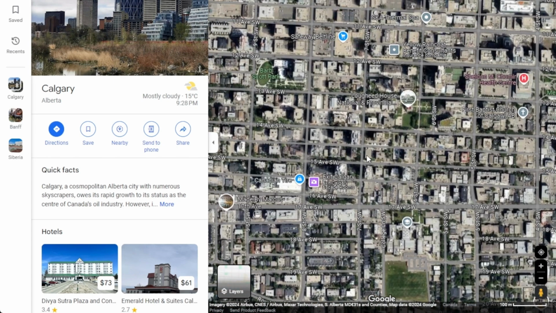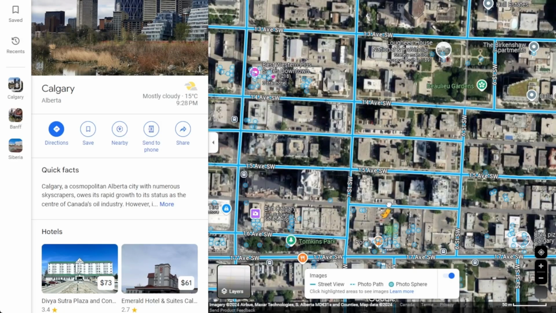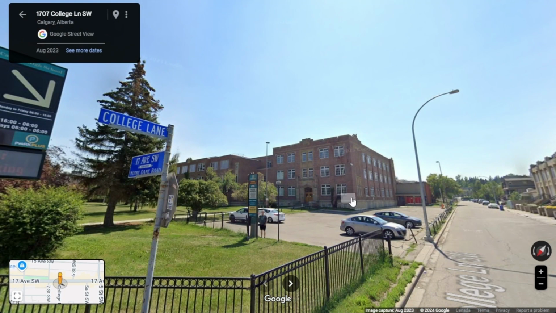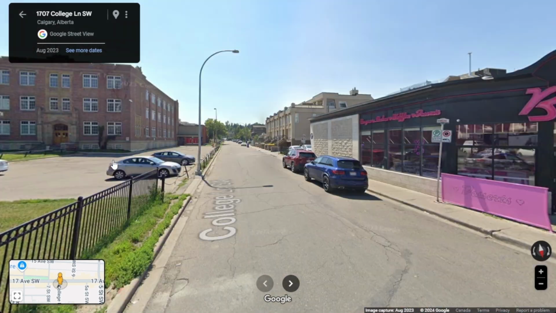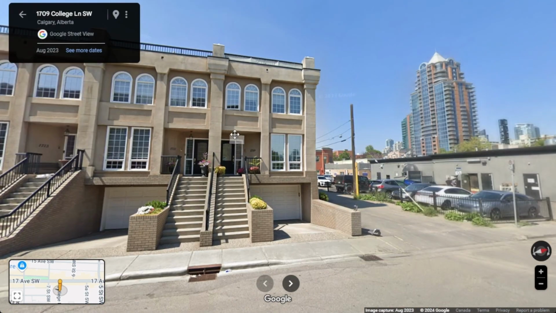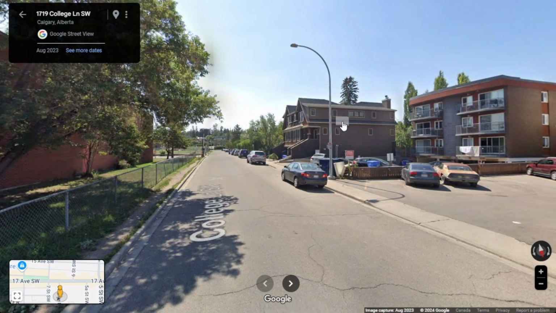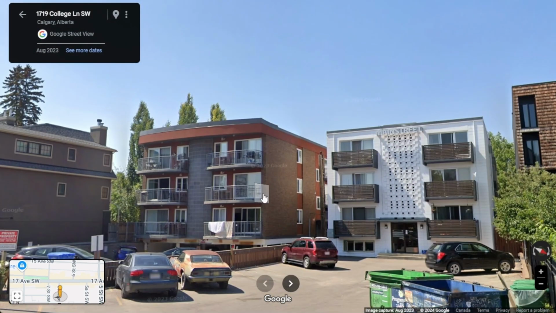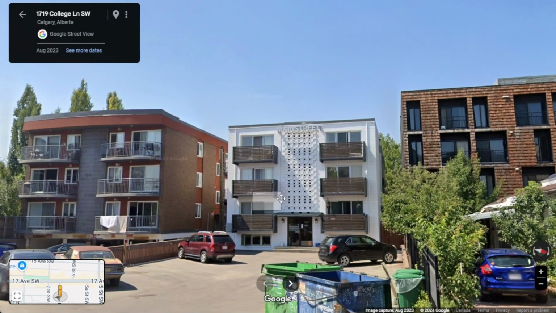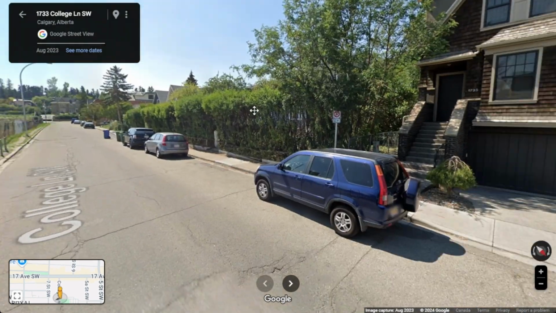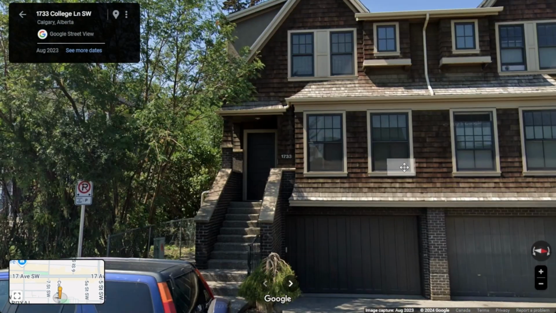Let's look at this part of town real quick. Oh yeah, okay. So here we've got some row houses, right? Those are pretty nice. See here we've got some low-rise apartment buildings, right? Again, a sort of a duplex.